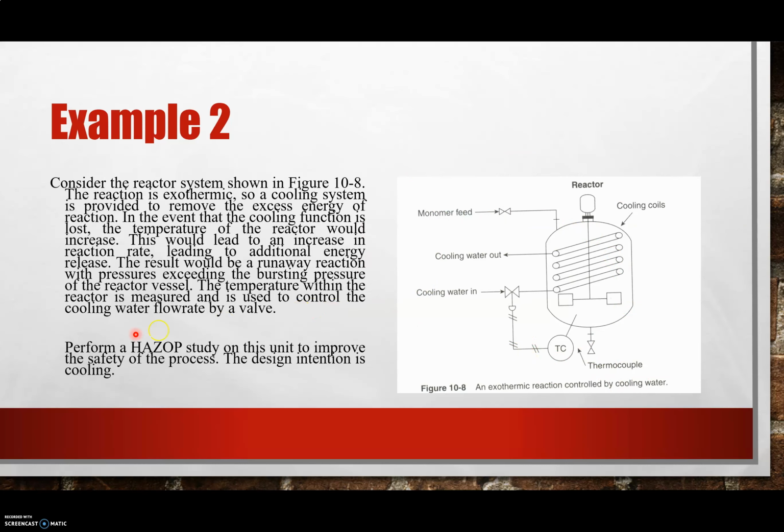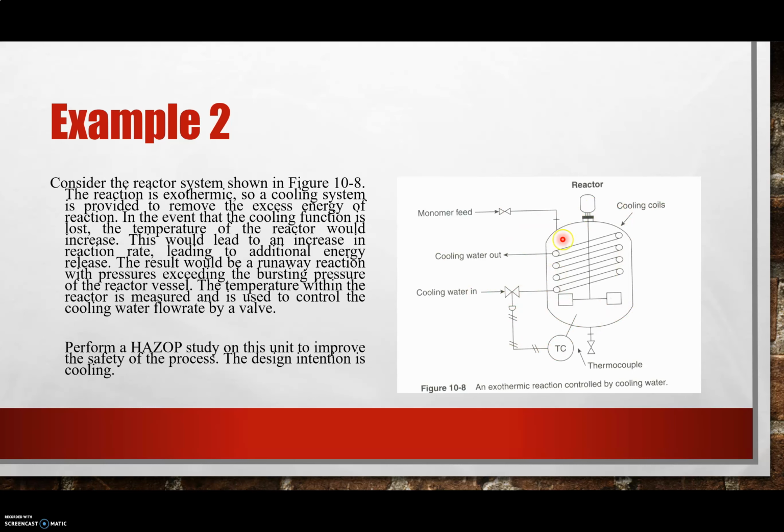So the question is, perform a hazard study on this unit to improve the safety of the process. The design intention is cooling. So remember, inside your equipment, you could have your design intention, maybe a process intention. For this one, just focus on the cooling function. That's your intention for this task.